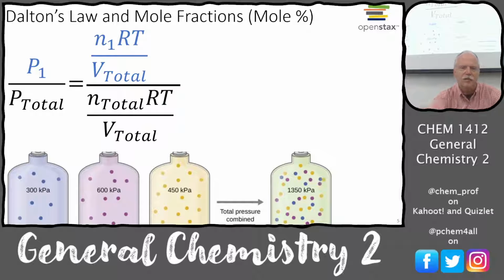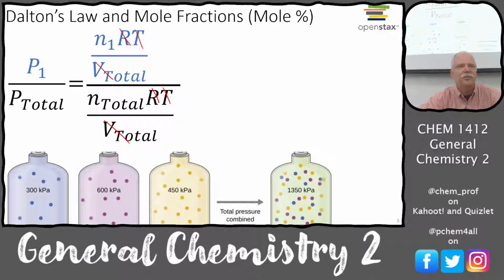And the P total is the total number of moles in the whole container times RT over the total volume. And look at all the things that cancel. The R cancels, T cancels because they're at the same temperature. They're both in the same container. And so this is just the number of moles of substance 1 divided by the total number of moles. And so what we're getting is a mole fraction.